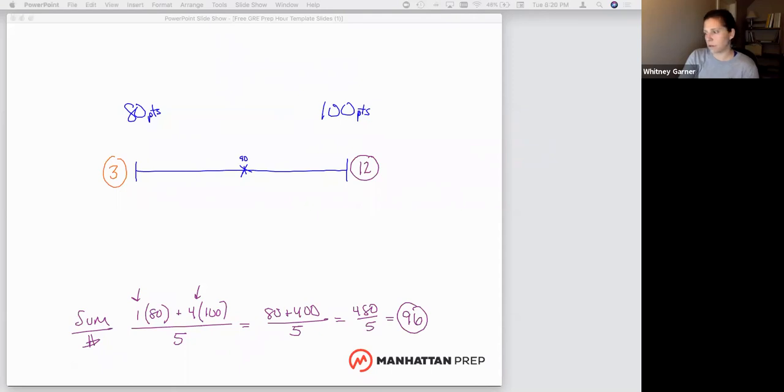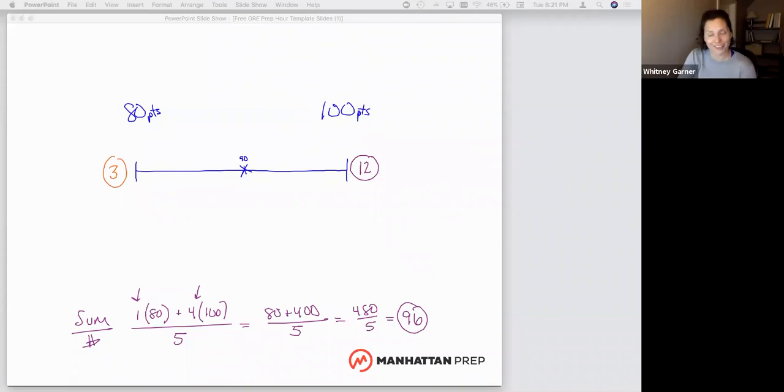What's my new average going to be? And anybody want to explain why it's the same? What do you think? Why is my average going to be the exact same again?